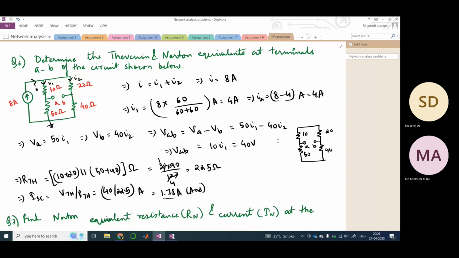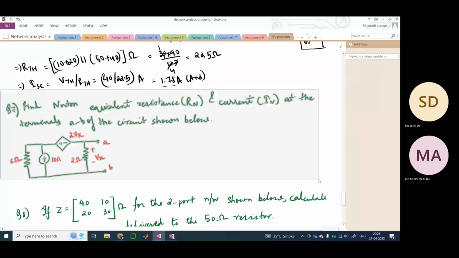Okay. Fine. So now let me just pull this thing a bit down and then again make space. Yeah, so this would be the last problem for Norton's Thevenin theorem.